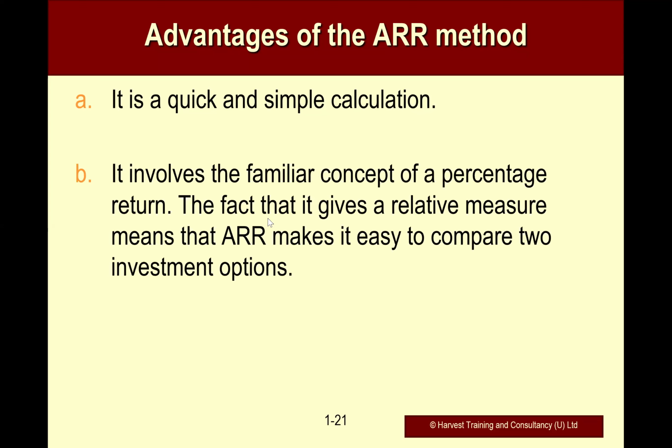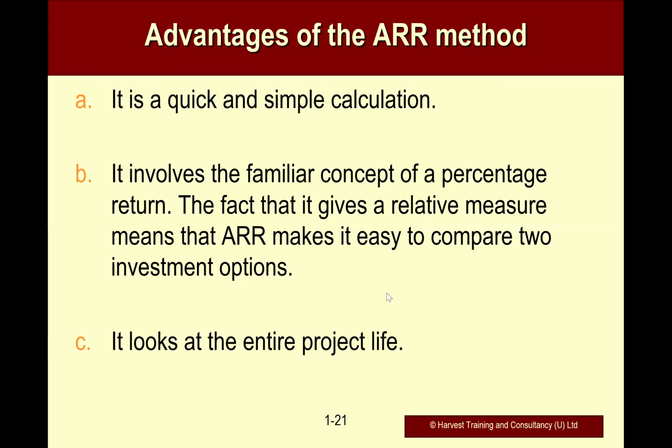It involves the familiar concept of percentages, because if you compare one percentage with another, it makes more meaning, really. The fact that it gives a relative measure means it is easy to compare two investment options. It looks at the entire project life, not just pieces of the project. That is the other advantage.